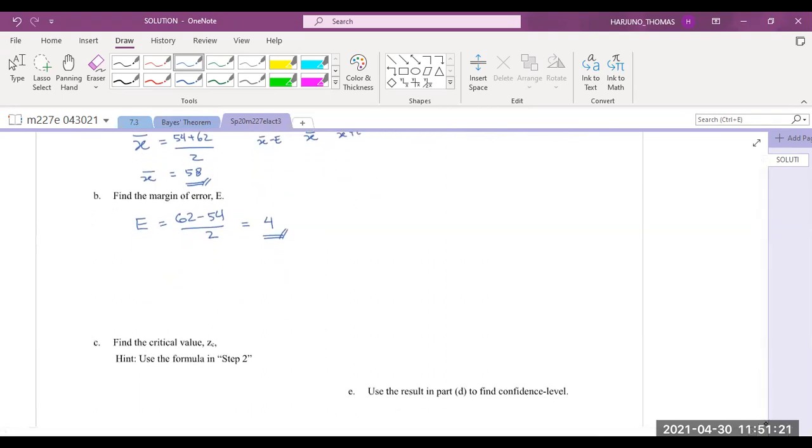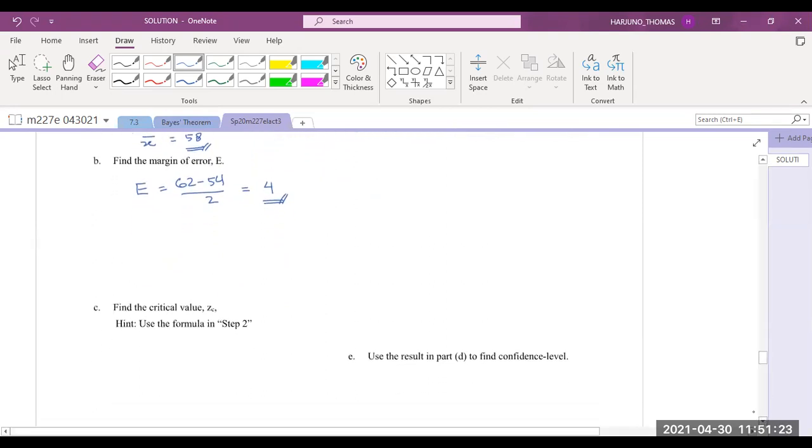Find the critical value being used in their computation. Now we know the formula for margin of error is critical value z times standard deviation sigma over square root of n. From our computation above, the margin of error is 4. Population standard deviation is given as 12.